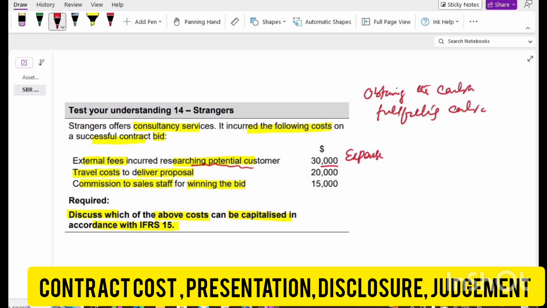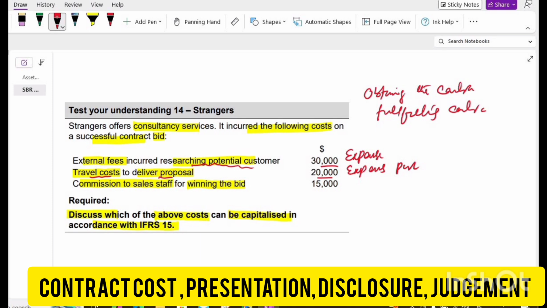Clear? Now the second one, the traveling cost to deliver the proposal, that is 20,000, and this cost is also expensed to profit or loss. The reason is that these traveling costs were incurred to deliver the proposal, and they would have been incurred even if the contract bid was successful or not successful.